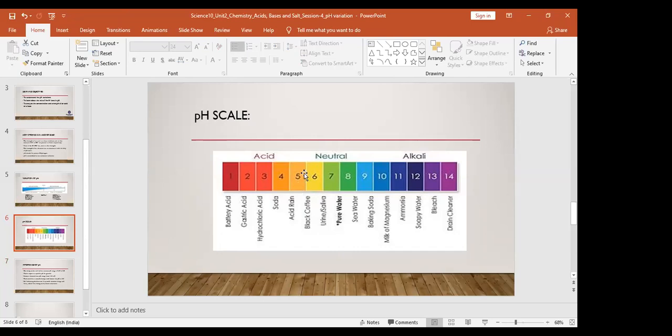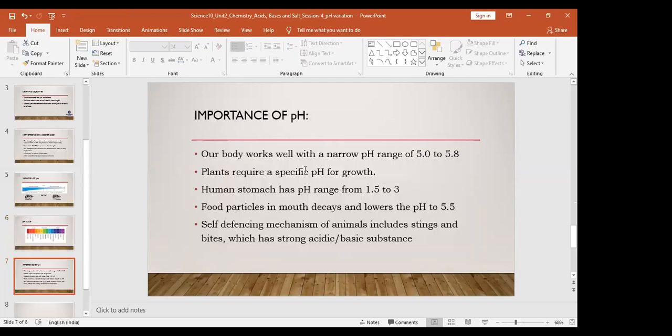When the pH level of the soil goes to 5 or less than 5, then the growth of plants in such kind of soil becomes impossible, and the plants which are already present in that part of the soil will start dying because of the high acidity of the soil.